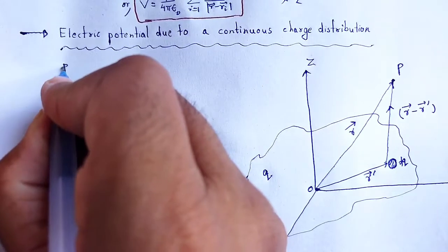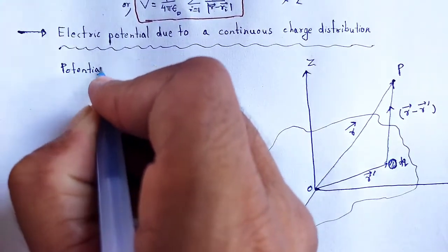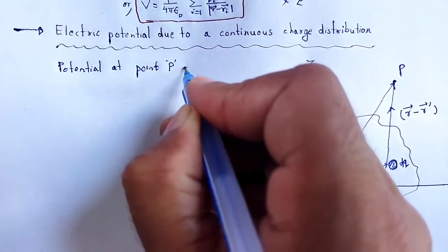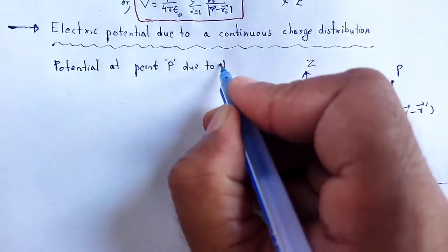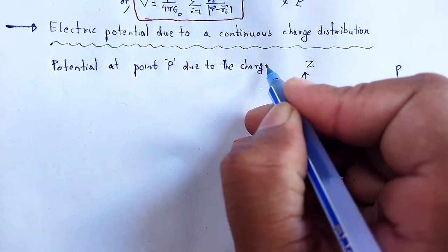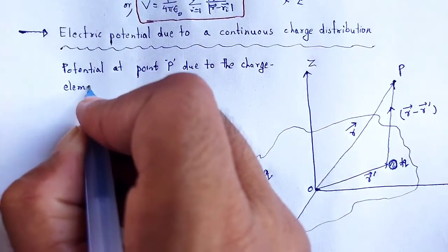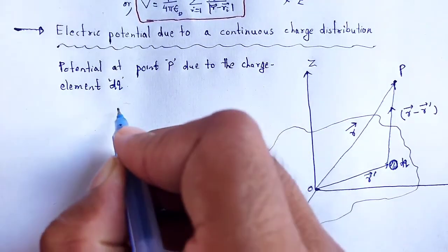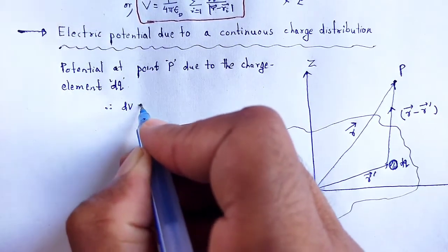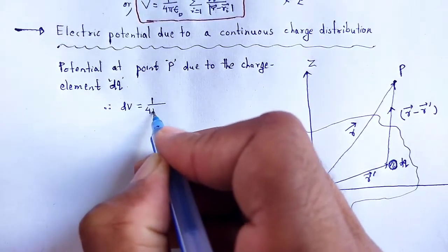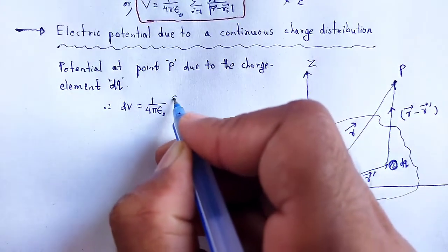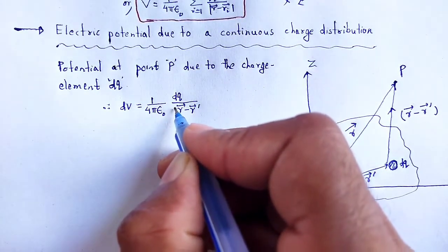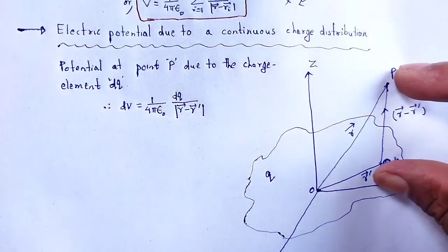Now the potential at point P due to the charge element dq is dV equal to 1 by 4 pi epsilon naught, dq divided by the magnitude of r minus r dash, which is the distance.